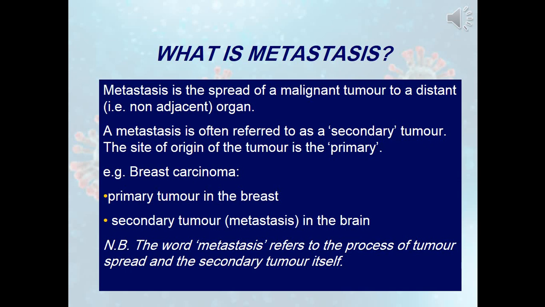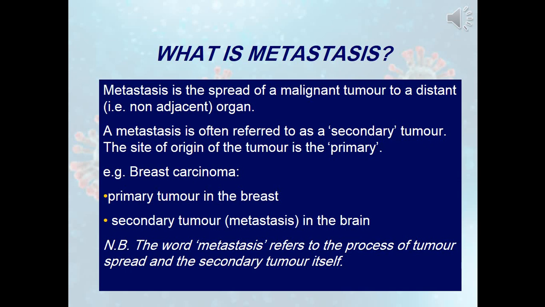This ability of the cancer cells to move from the primary site to a distant site needs a way of transport. What could this way of transport be? It could be lymphatic vessels, blood vessels, or body cavities.